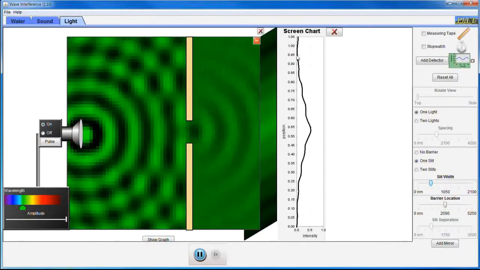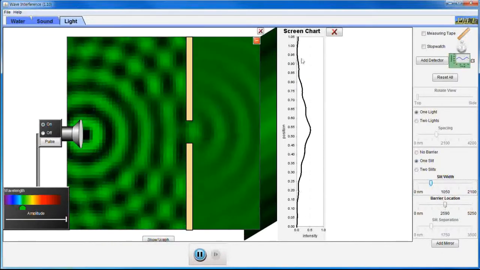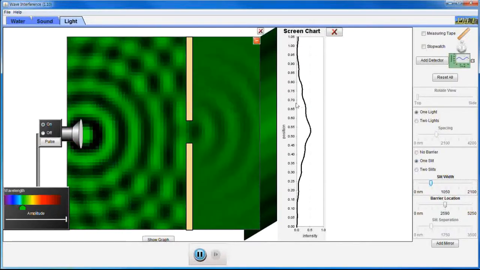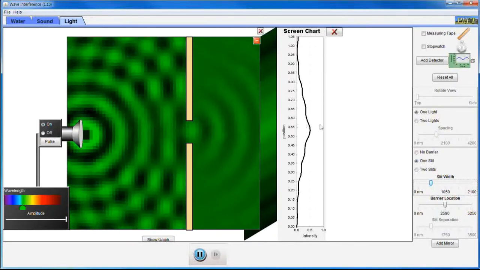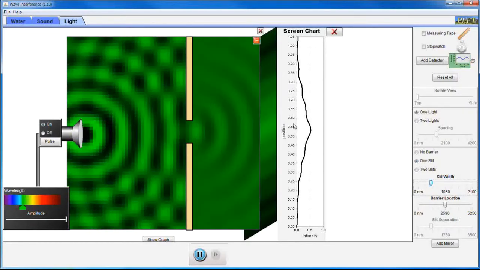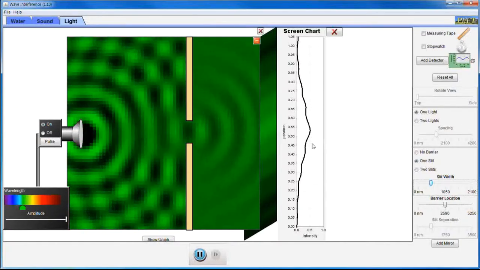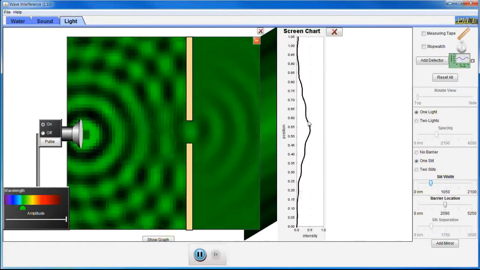So when you move far away from the center, the intensity becomes very dark. And the distance between the dark positions, or the distance between the central position and the next bright position, is actually different from the case of the double slit interference, and we will see that in the next slide.